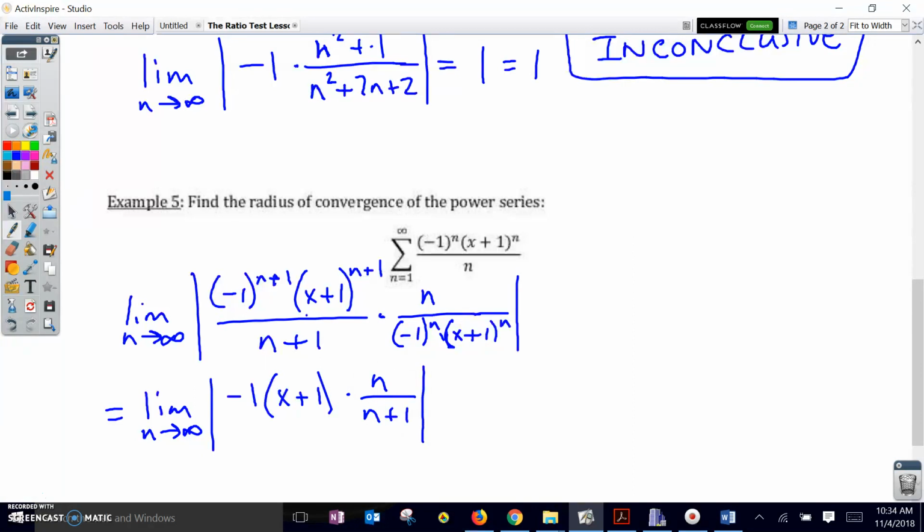And if we take this limit as n goes to infinity, this is negative 1 times the quantity x plus 1.